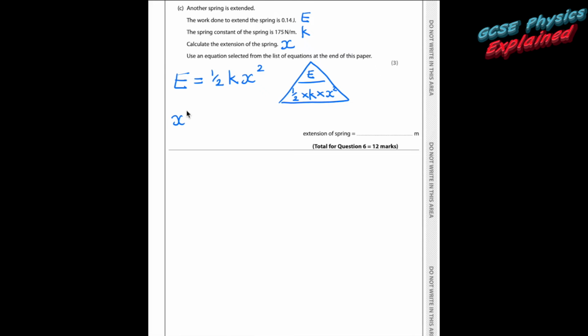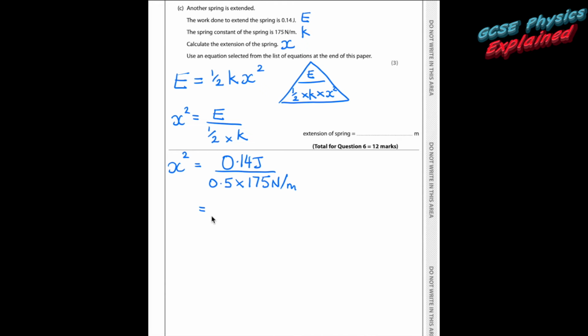So we'd have extension squared equals, if we cover this up, E divided by 1/2 times K. Now if we pop the numbers in, remember we're working out X squared, so we will have to square root it. So the energy was 0.14 joules, divided by 1/2, which is 0.5, times K, which is 175 newtons per metre.